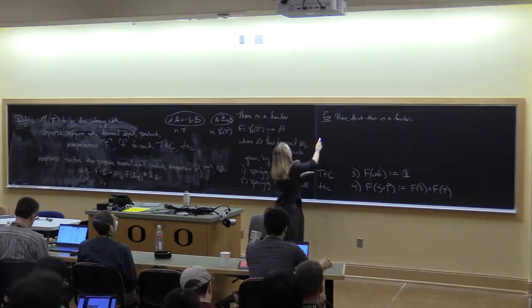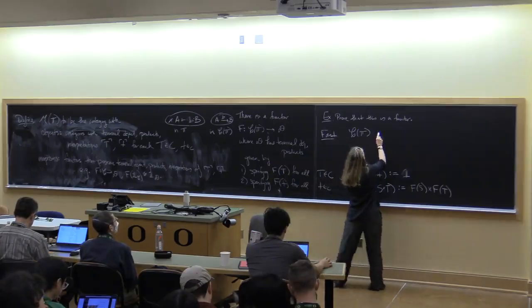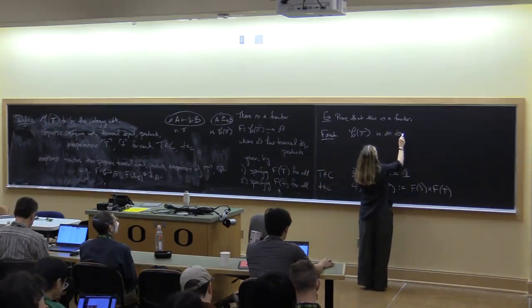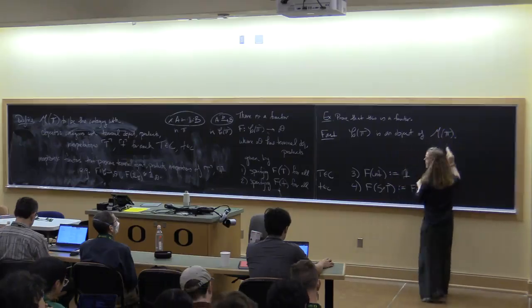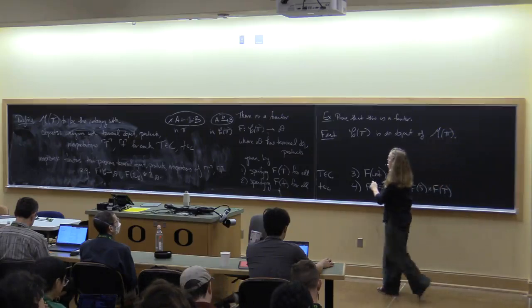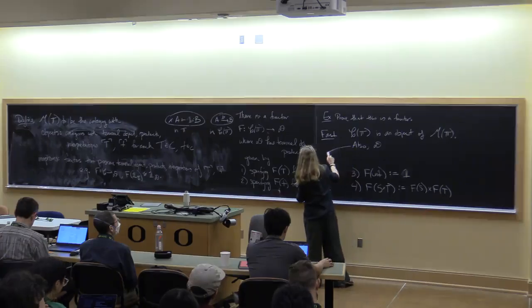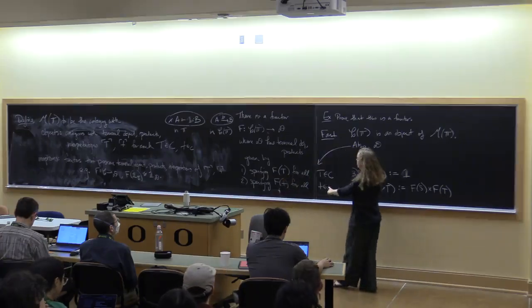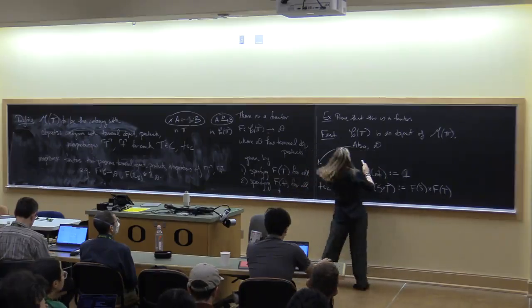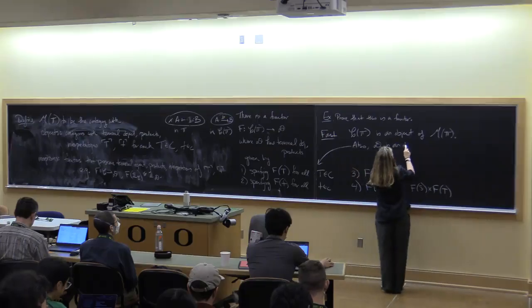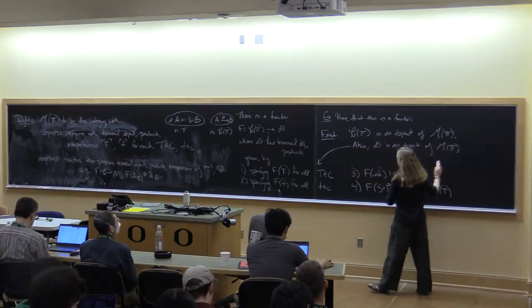So, C of T is an object of M of T, and this kind of data becomes an object of empty.